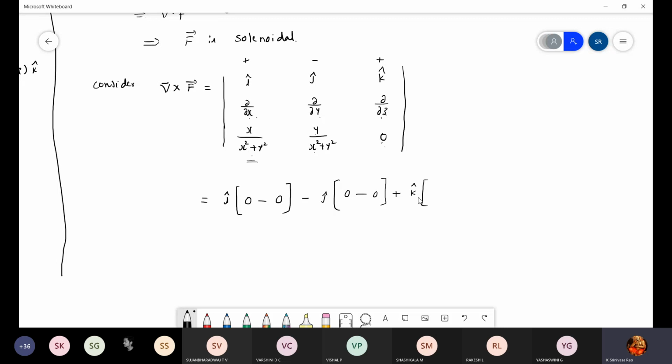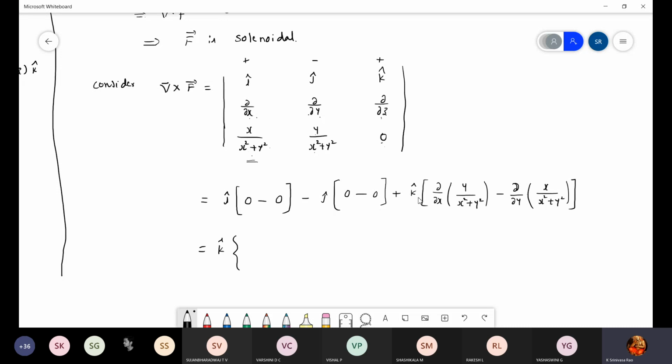So I will write the formula: dou by dou x of y divided by x square plus y square, minus dou by dou y of x by x square plus y square. Finally, the first two components are 0, no need to write, just k cap into.